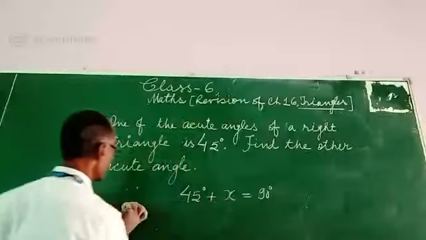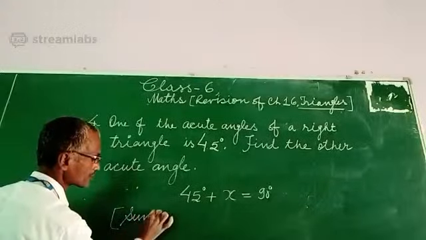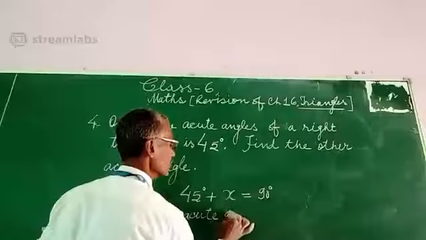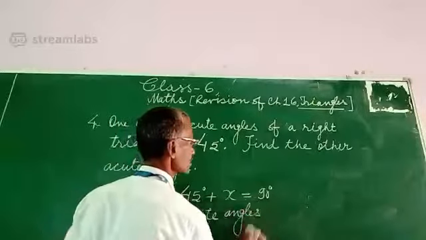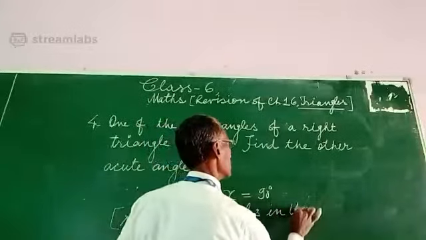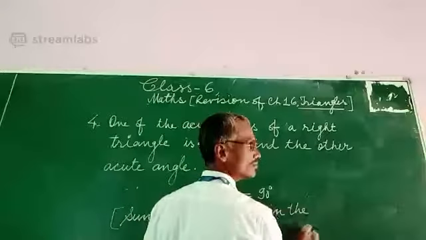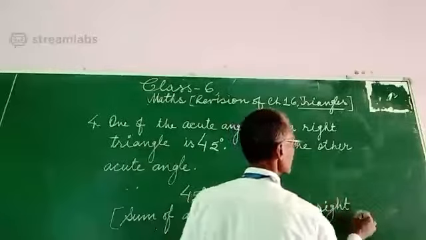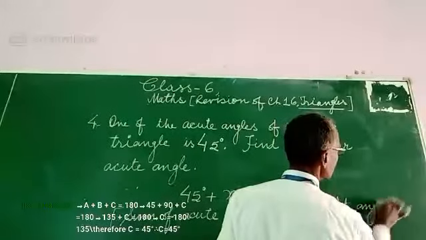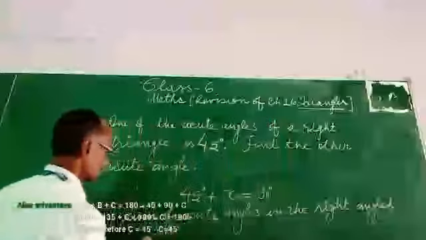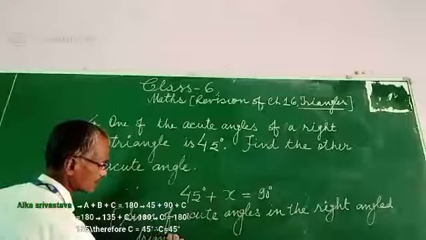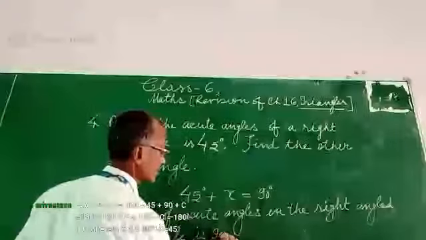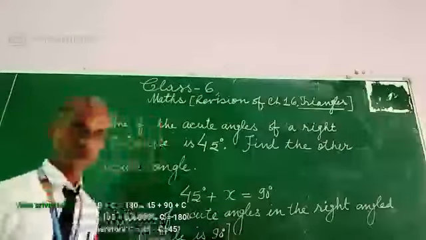You should write here: you know that the sum of acute angles in the right angle triangle is 90 degrees.